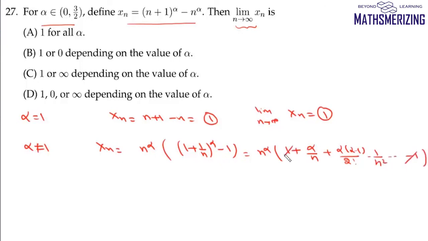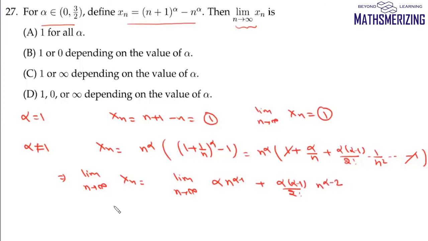Now this 1 and 1 will cancel. So we can write the limit n tends to infinity of x_n as the limit n tends to infinity of alpha into n to the power alpha minus 1 plus alpha(alpha minus 1) upon factorial 2 times n to the power alpha minus 2.